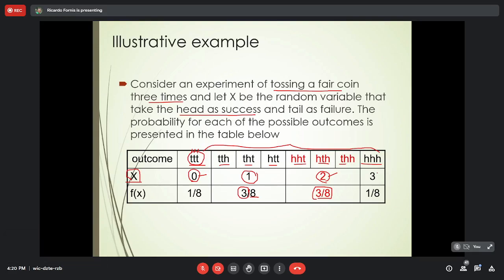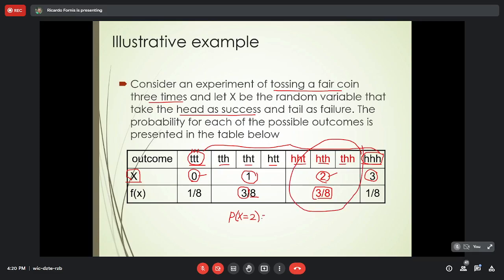And 3 successes, meaning 3 heads, 1/8 because there's only 1 outcome out of 8. If you are going to answer this using the binomial distribution, you would say the probability that x equals 2, meaning we are interested of this value.